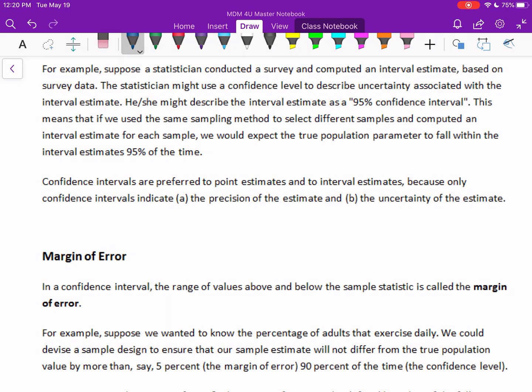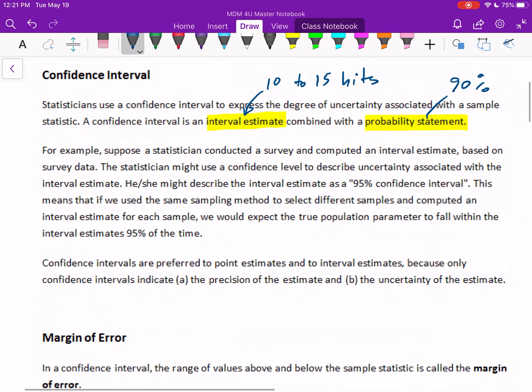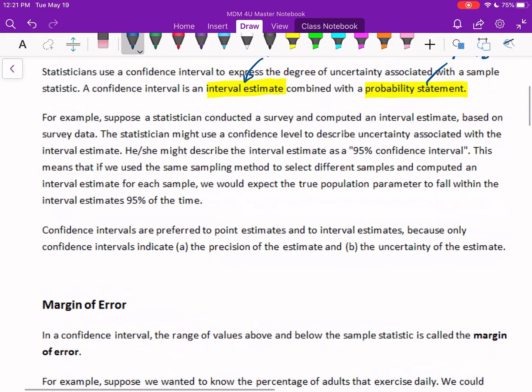I just used 90 in the example above. 95 means a higher confidence level. Obviously the higher I can make that percentage, the more confident I am that something's going to fall within a given interval. This means that if we use the same sampling method to select different samples and computed an interval estimate for each sample, we would expect the true population parameter to fall within the interval estimate 95% of the time.